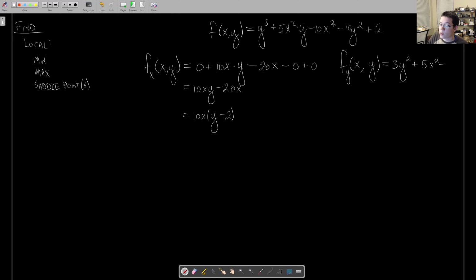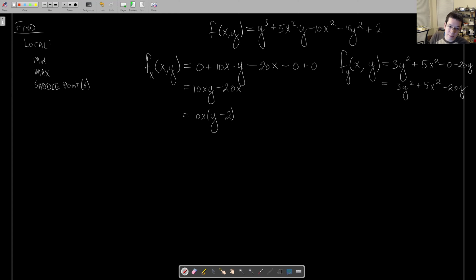Derivative of 10x squared with respect to y is 0. Derivative of 10y squared with respect to y is 20y. And derivative of 2 with respect to y is 0. So we're left with 3y squared plus 5x squared minus 20y. And I could probably simplify that, but I'm not going to.